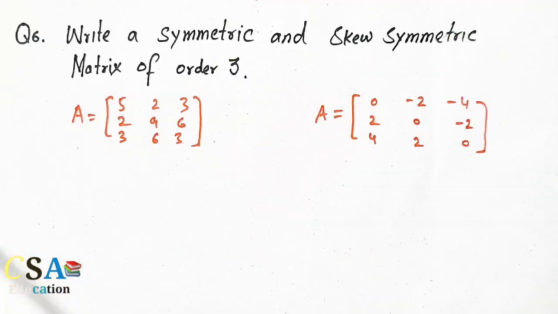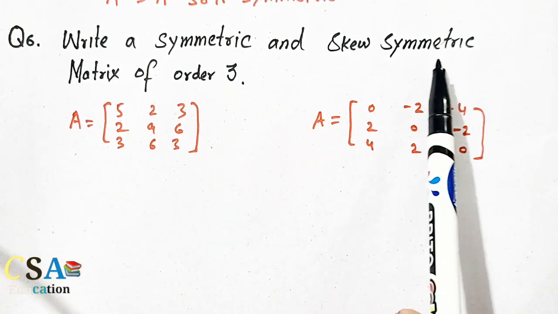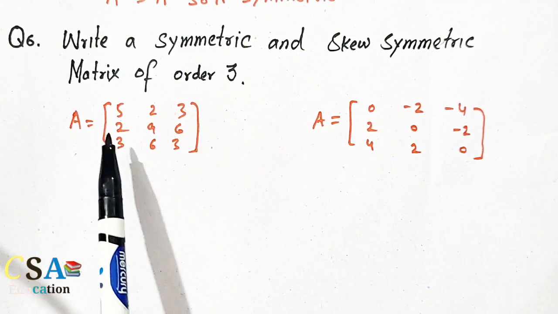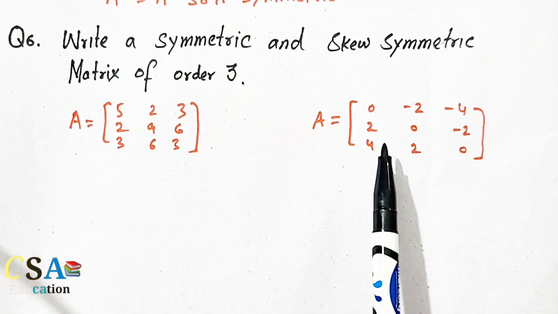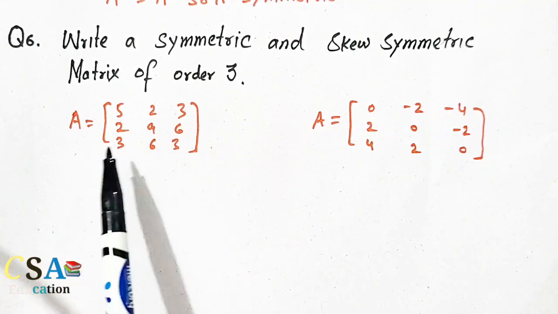Question number 6 is to write a symmetric and skew symmetric matrix of order 3. Dear students, one example of symmetric and one example of skew symmetric of order 3 is needed, with 3 rows and 3 columns.